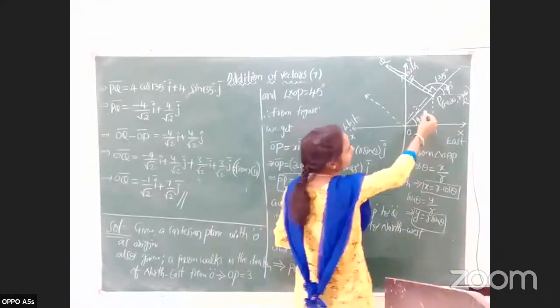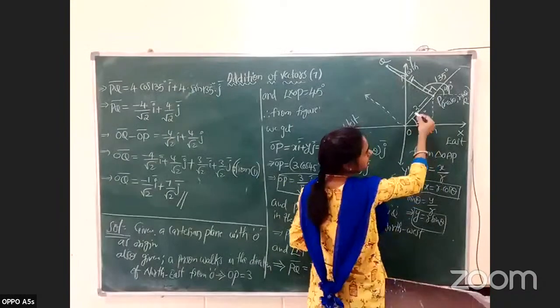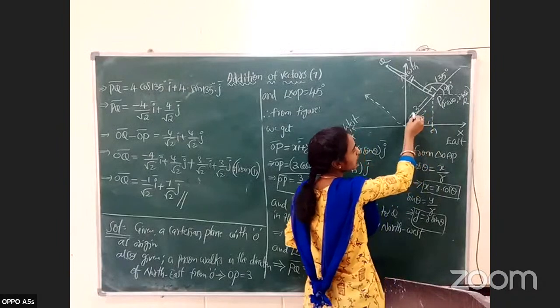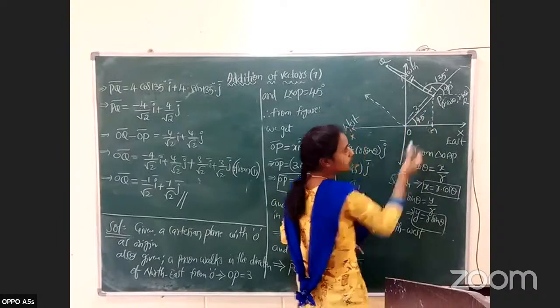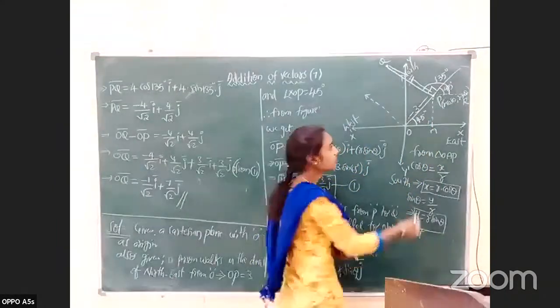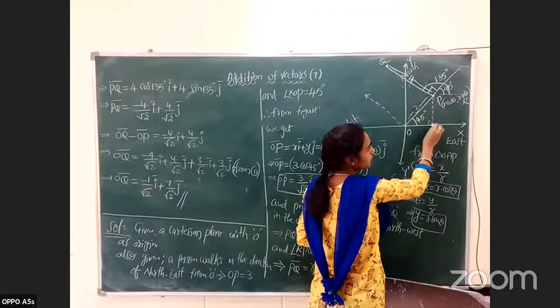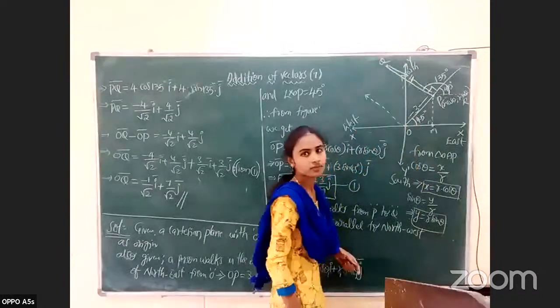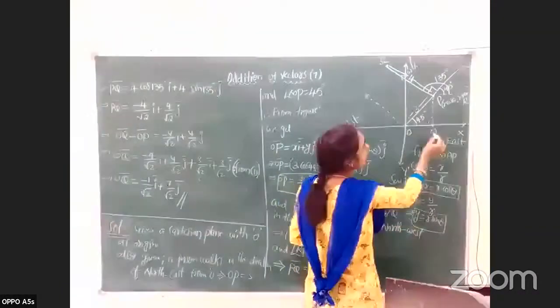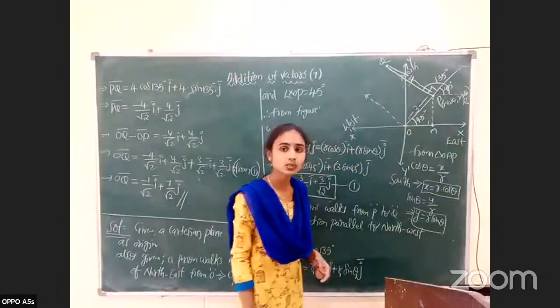So let OP be a vector which has a magnitude of 3 units and makes an angle 45 with the positive x-axis. When we draw a perpendicular line from P to the x-axis, it meets at A. So the triangle OAP is a right angle triangle.